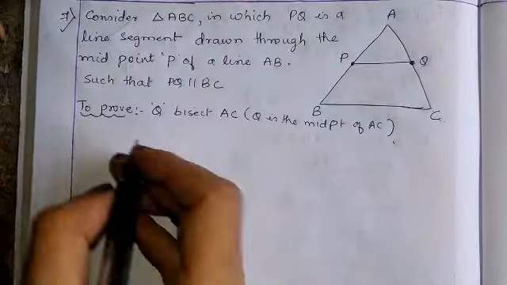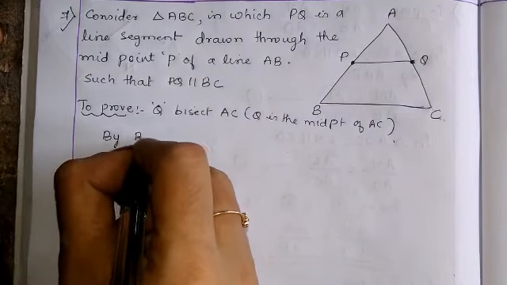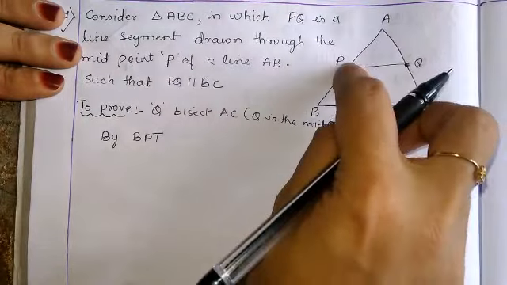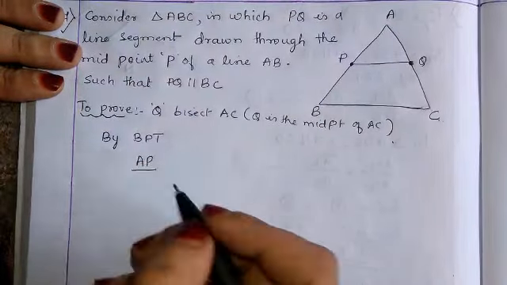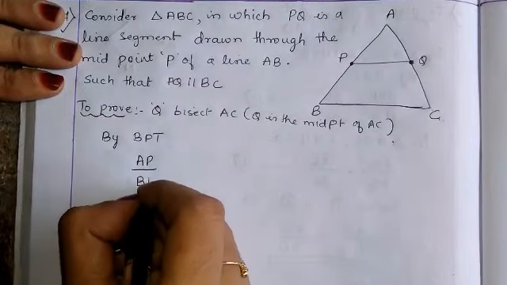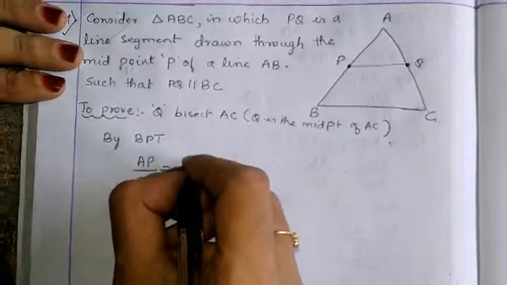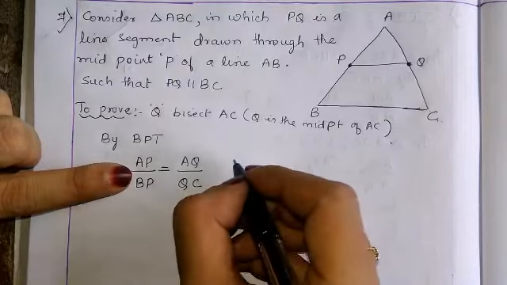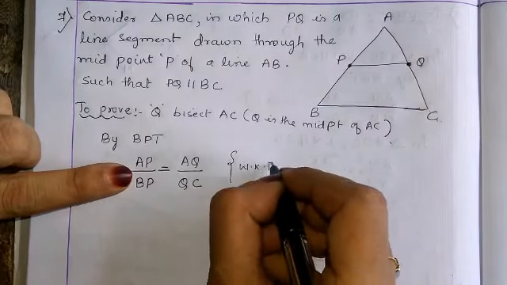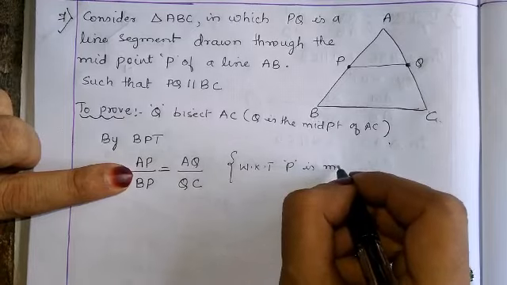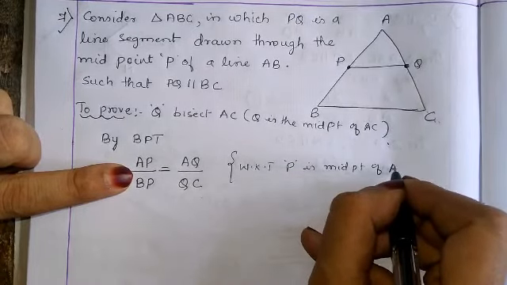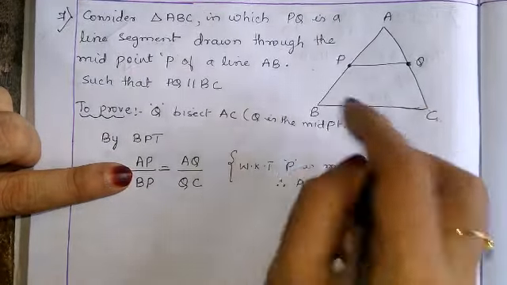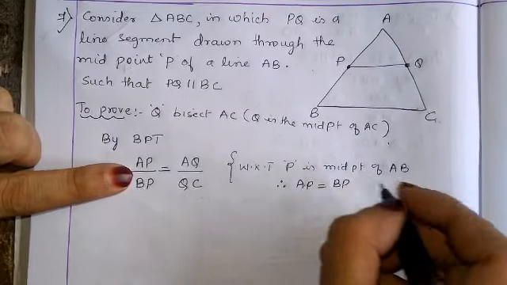Let us start proving. By BPT, we know, the parallel line is there, AP by BP is equal to AQ by QC. But they have told in the question that P is the midpoint of AB, therefore AP is equal to BP. These two are equal to one another.